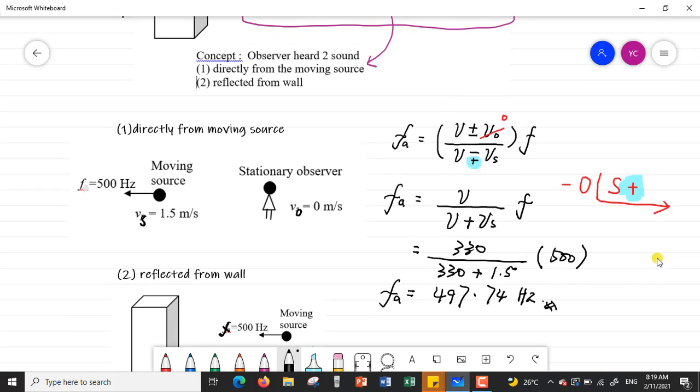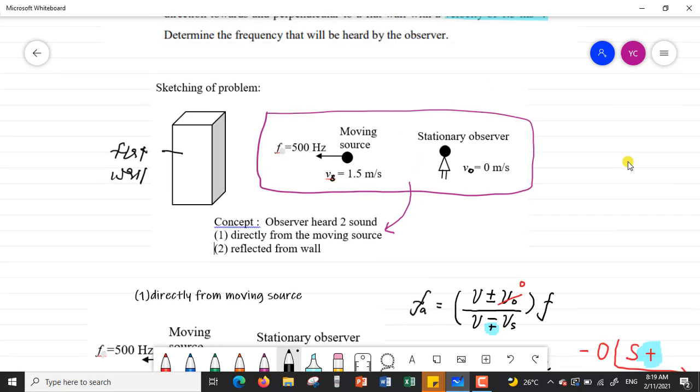Anyhow, class, don't forget that besides the frequency heard directly from the moving source, this moving source is actually emitting sound. So this sound wave is going to reflect. It will be reflected back.